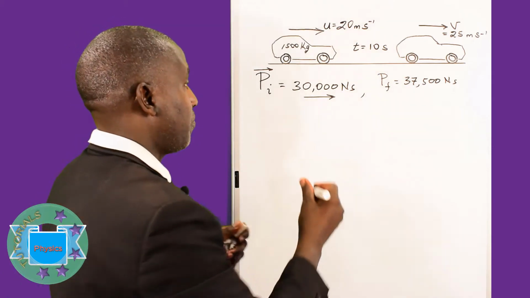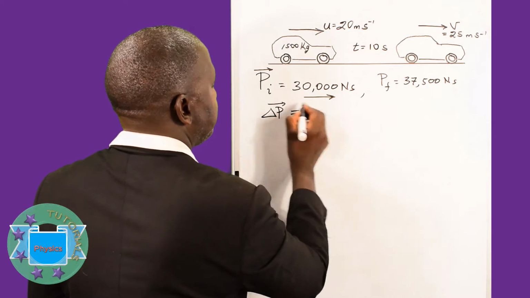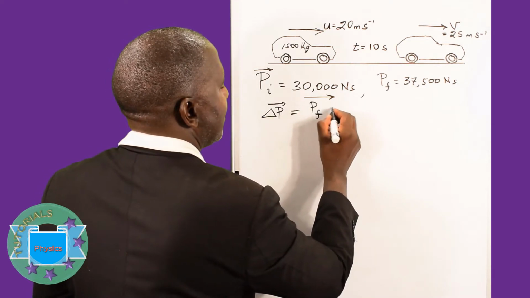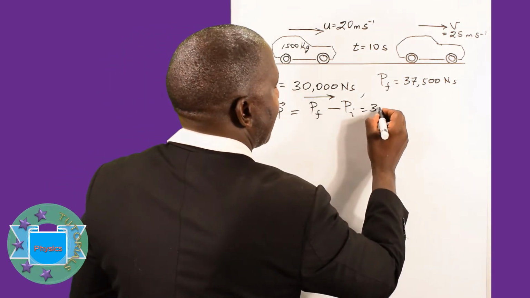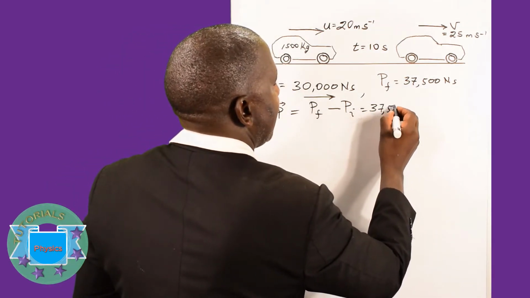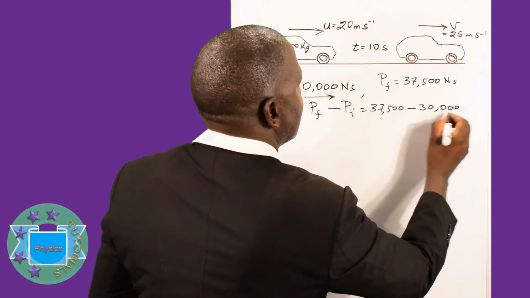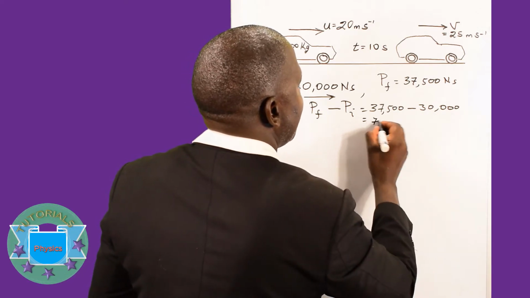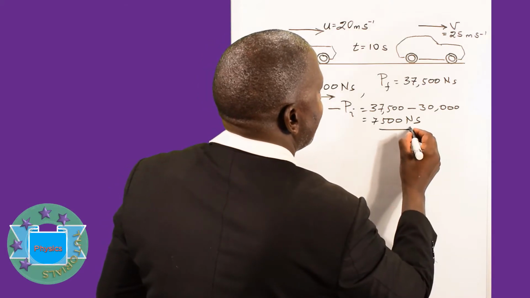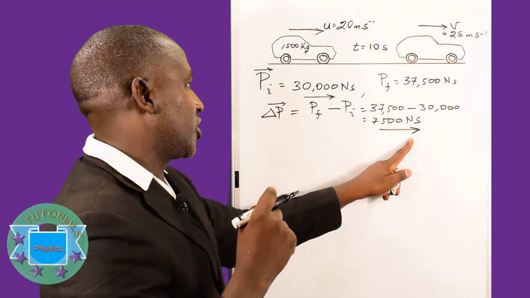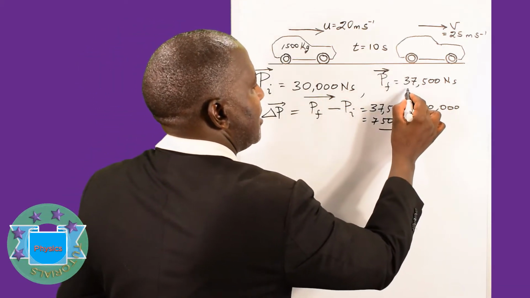Just observe those 2 points, because when it comes to calculating the change in momentum, we will do final momentum minus initial momentum, and this will be 37,500 minus 30,000 Newton seconds, and you get 7,500 Newton seconds to the right. And you can see it is in the direction of the final momentum. This is the final momentum, and it is to the right.